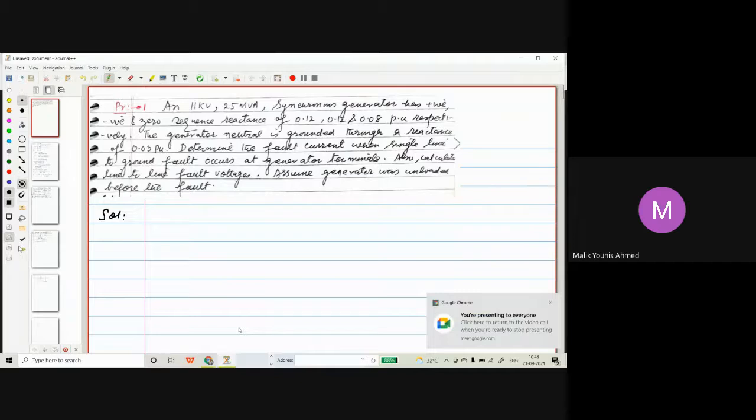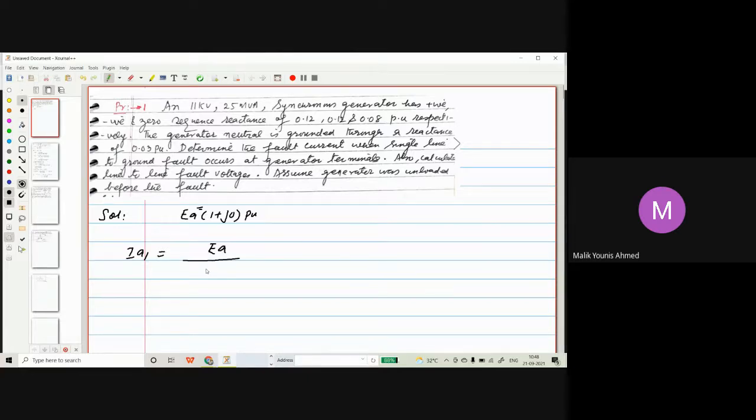Okay. So let's say EA is equal to 1 plus j0 in per unit. What formula do you have to use for line to ground? This is the formula you will be using, and that's the only amendment you have to make: Z1 plus Z2 plus ZG0 plus 3ZN, that is equal to Z0, plus 3ZF.